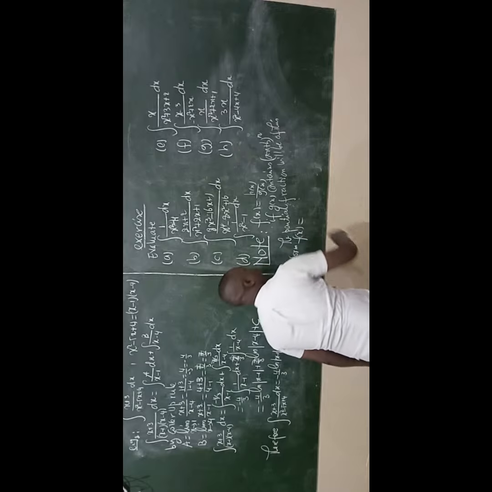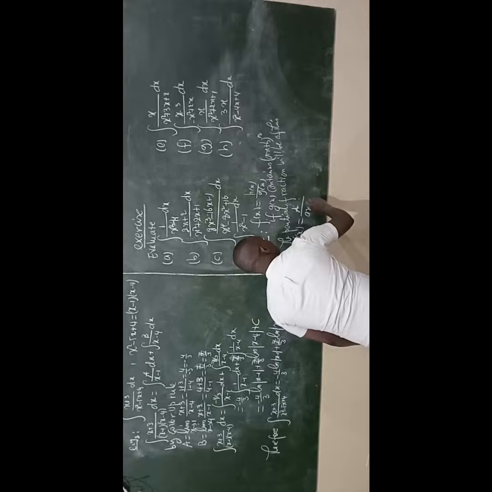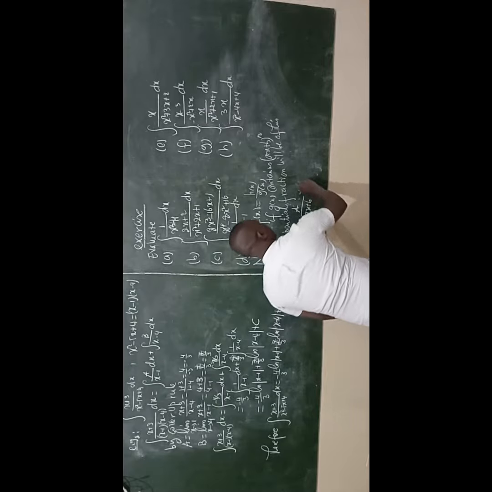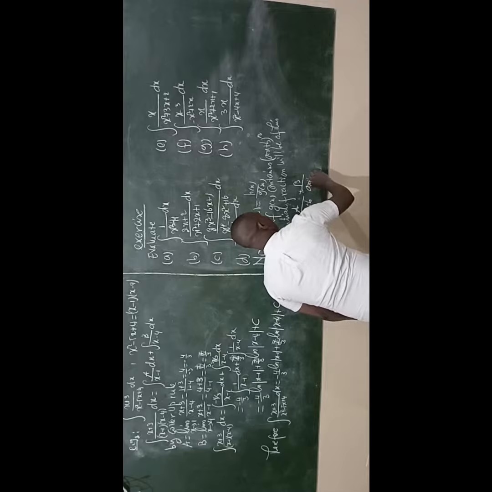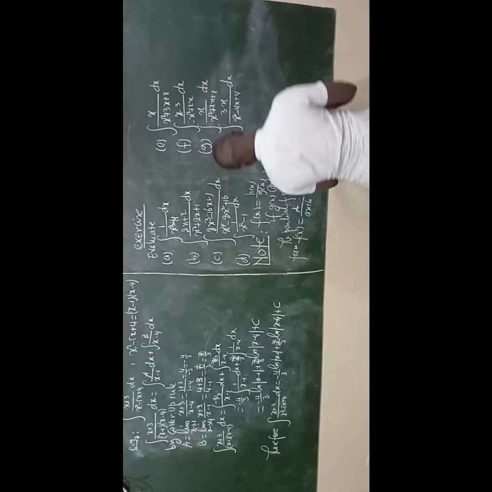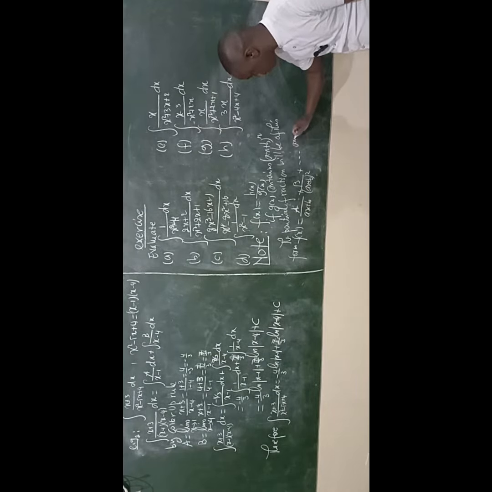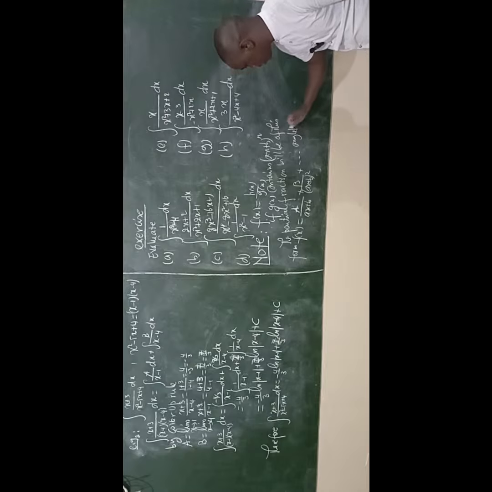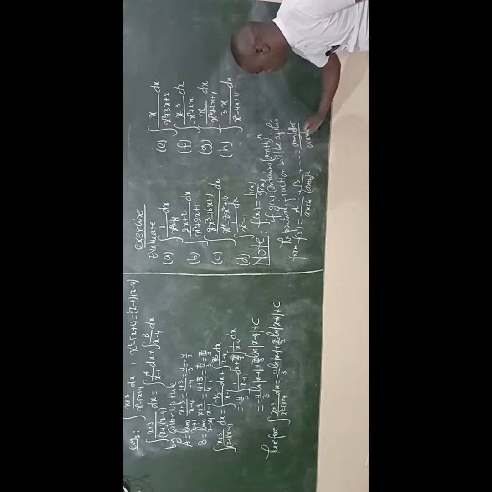Fx will be written as A by ax plus b plus B by ax plus b squared, continuing with any letter of your choice by ax plus b to the power of n.